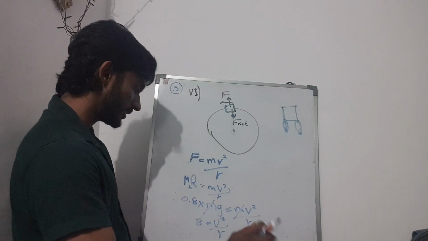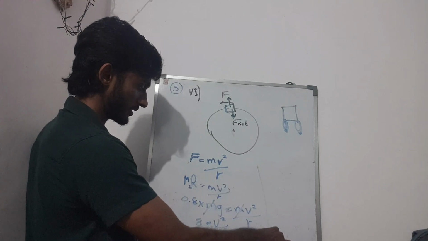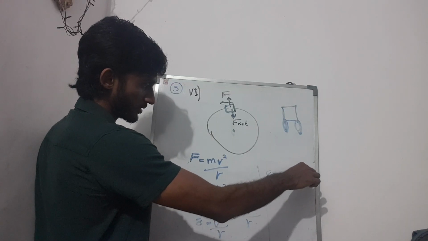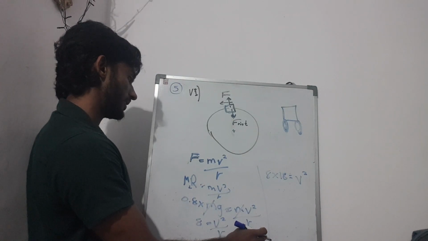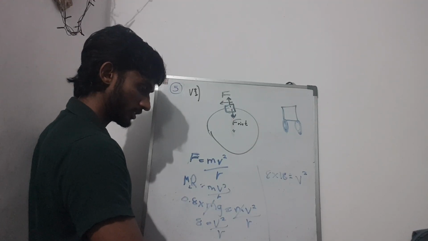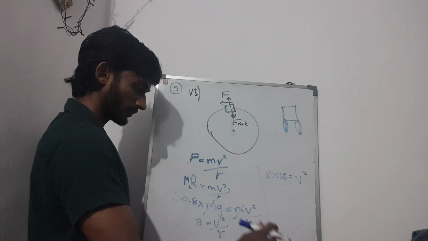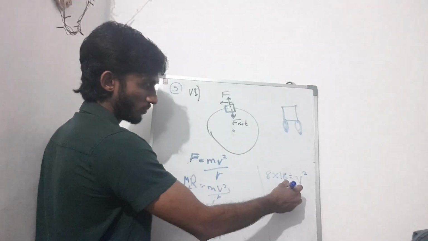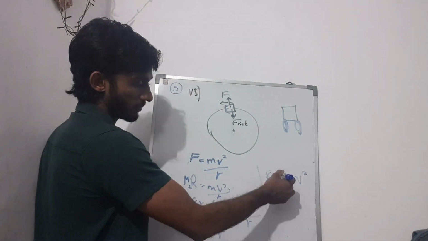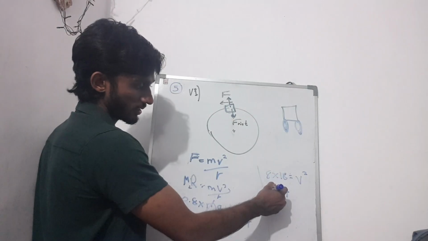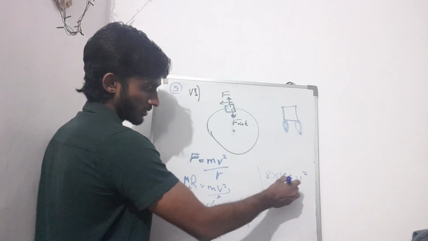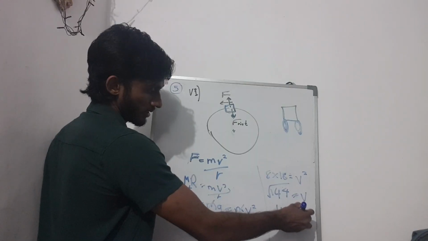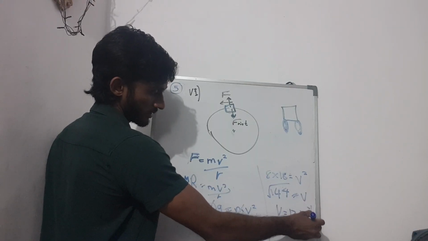The radius is 18 meters. 8 over 18 equals v squared. Then v equals 12 m s minus 1.